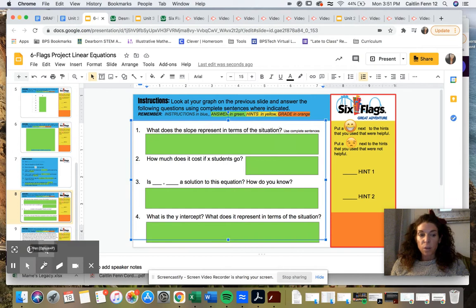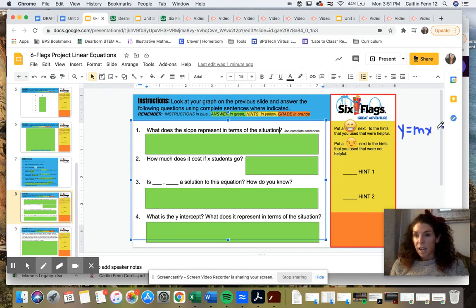So what does the slope represent in terms of the situation? Remember, when a linear equation is set up like this, it has y by itself, and then it has some number in front of an x, and we add or subtract another number, a constant. That m in front of the x tells us the slope.